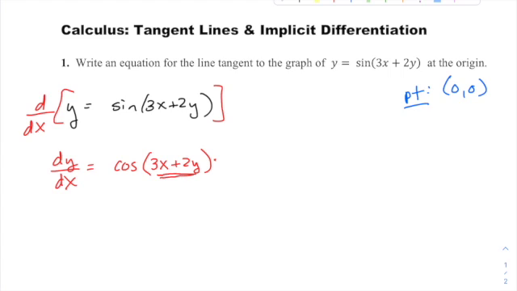It just so happens that the inner expression has x's and y's in it, so this is where you need your implicit differentiation. So the derivative of 3x plus 2y is the derivative of 3x, that's just an x expression, that's 3, plus the derivative of 2y, that's 2 dy dx.